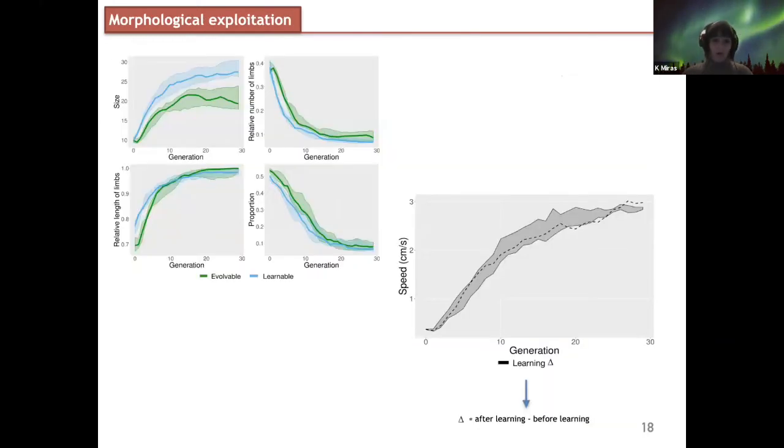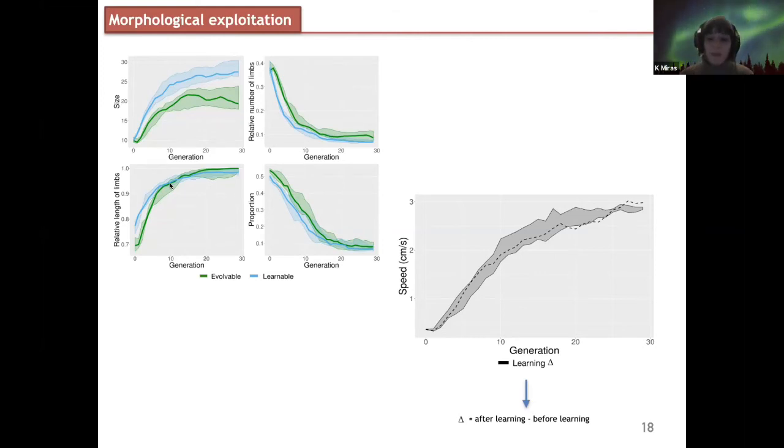So what is interesting here is that for every one of these four morphological features, the exploitation of the features that make these robots fast, which turns them into snakes, is happening earlier. You look at size here, the blue one is the learnable one. You see that it exploits size earlier, and this is true for limbs, this is true for proportion, this is true for length of limbs.